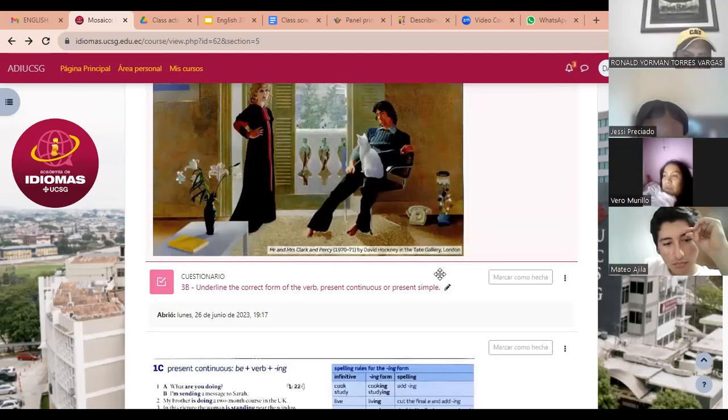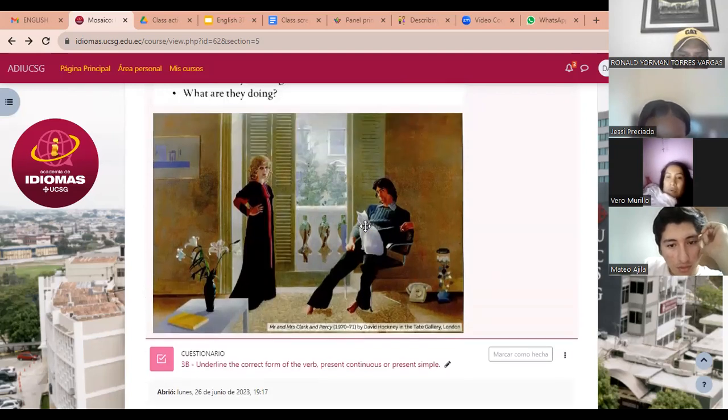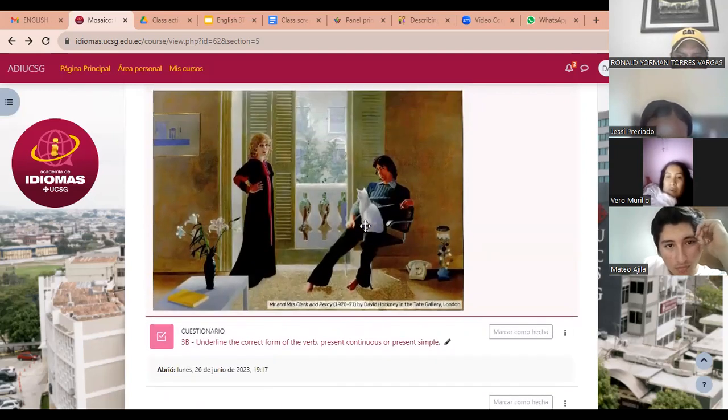What do you think they are? If we are not talking about the people, but about the objects, what kind of objects can we see in the picture? I can see a telephone and a lamp. So there is a phone on the floor and there is a lamp on the floor too.